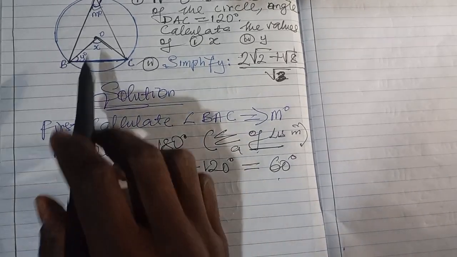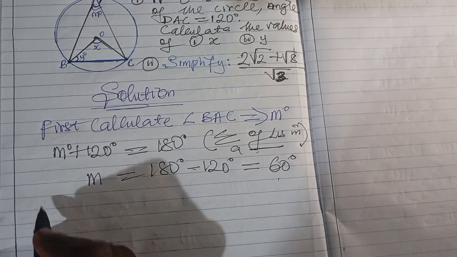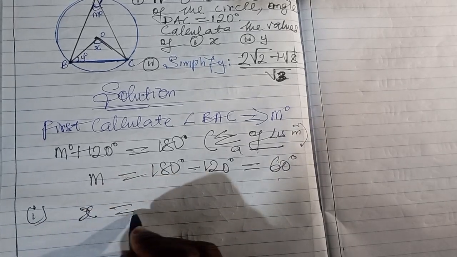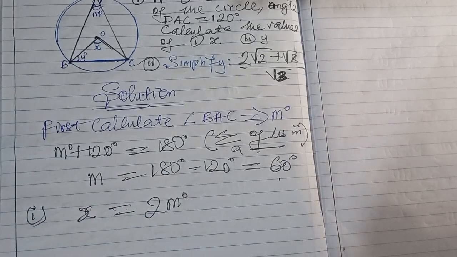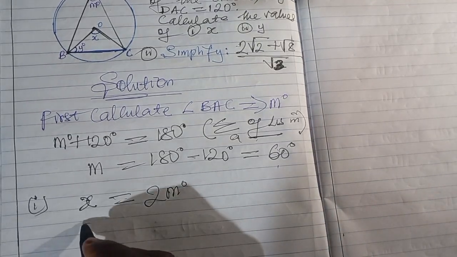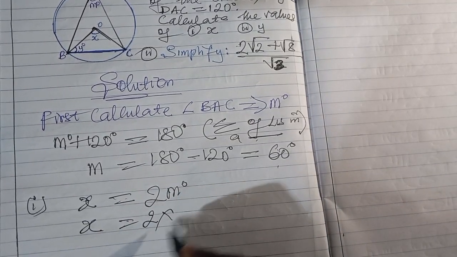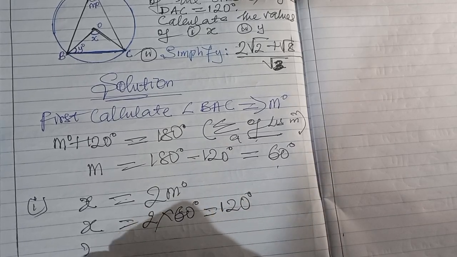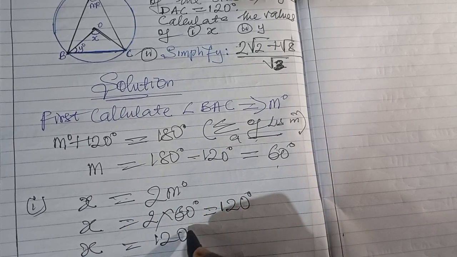The next thing is to find the value of x. Now x is equal to 2m degrees. What is the reason? So we have x is 2 times 60 degrees, which is same as 120 degrees. X equals 120 degrees.